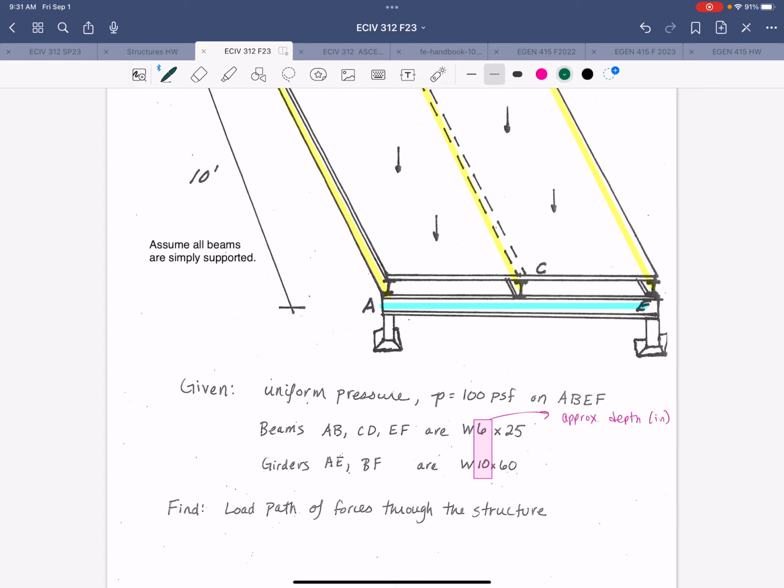And then the second number in the designation represents the self-weight of the beam in pounds per linear foot. We're going to use that information, and we will include the self-weights of these beams in our load path analysis.